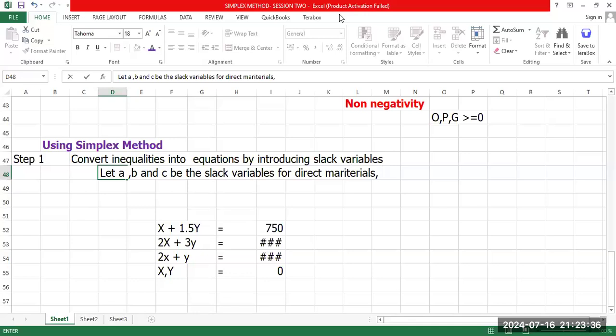Direct wages. And the last one is what? Overhead. And overheads, respectively.